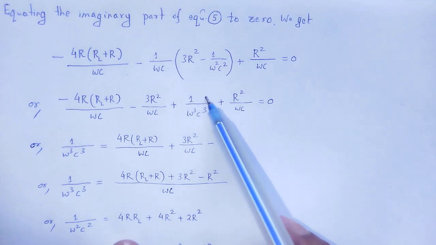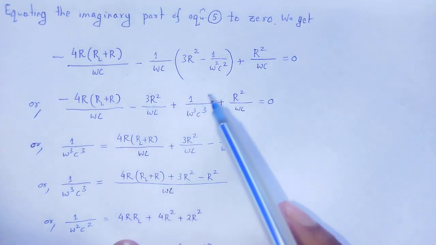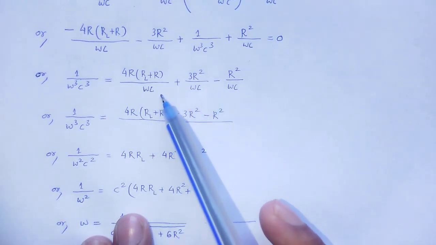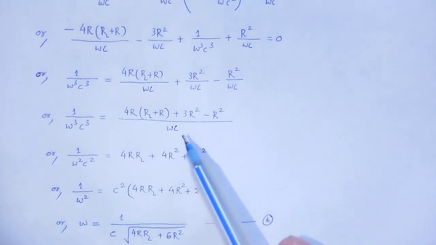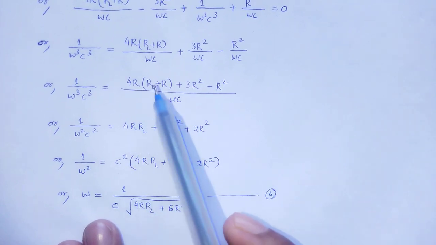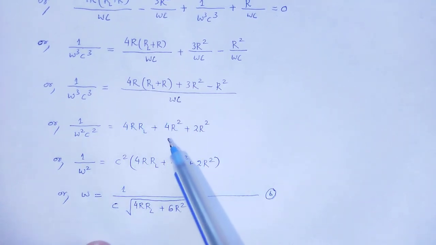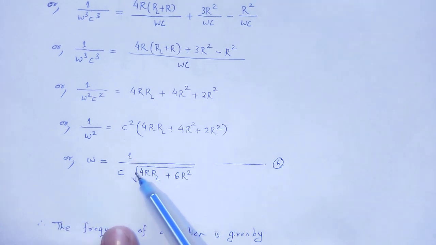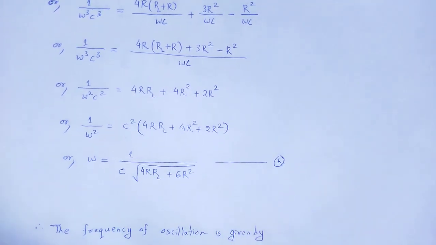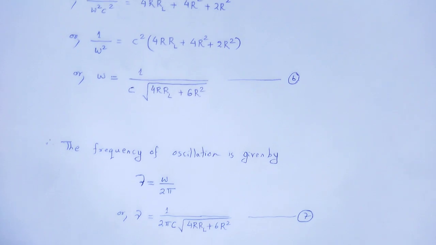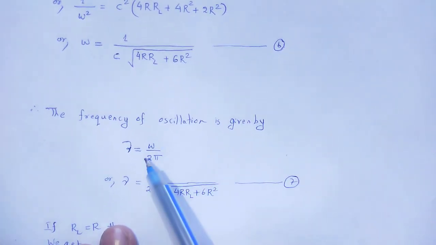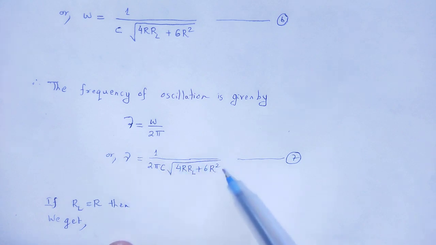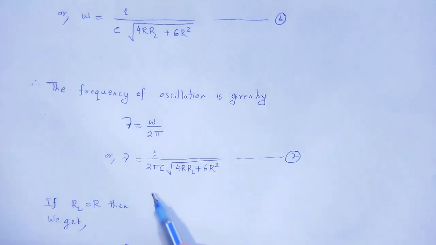Taking that term to the left side, all the terms to the right side. In the right side term, taking LCM as omega C, then simplifying it, we obtain omega as 1 by C under root of that term. This is the omega. Then the frequency of oscillation is omega by 2 pi.